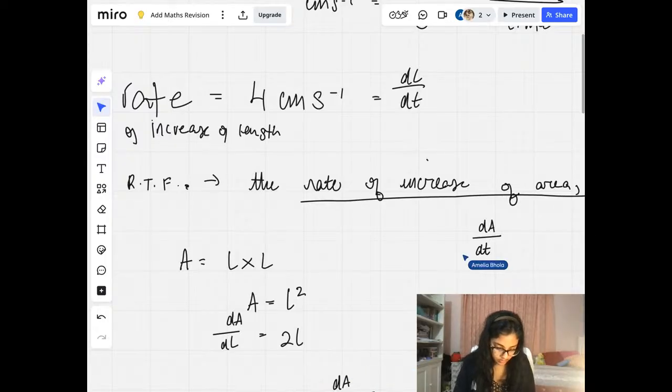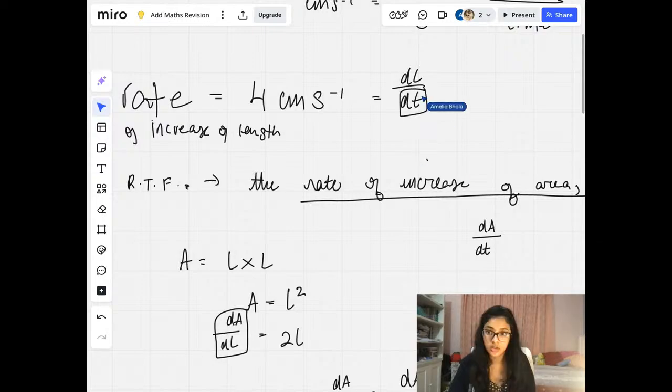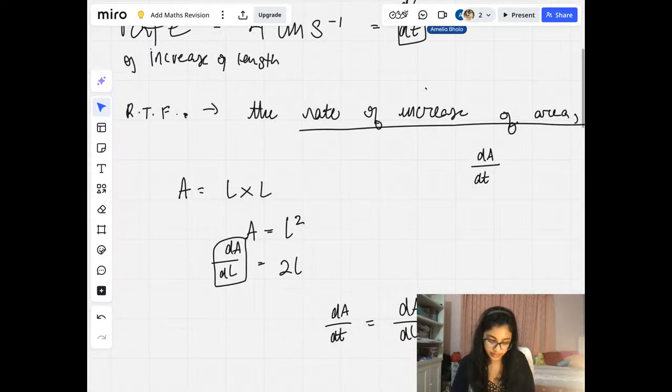This one has the dA on the top, so I'm going to leave it like that, dA dL. And this one has the dt on the bottom, so I'm going to multiply by dL dt. And it basically cancels out. So then you get dA dt. So that's proof that we have the terms in the correct order. So now we substitute.